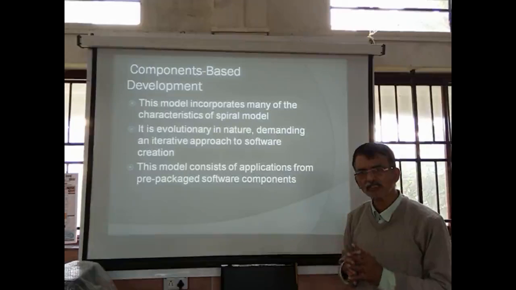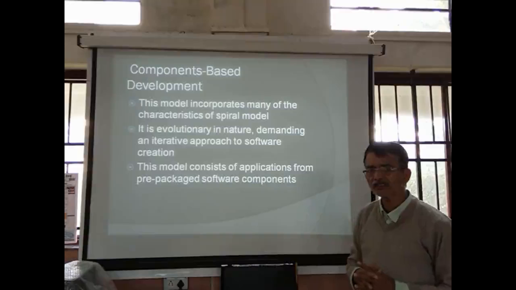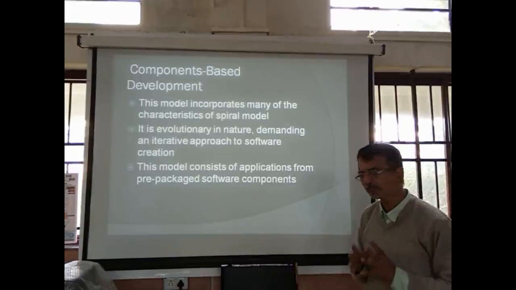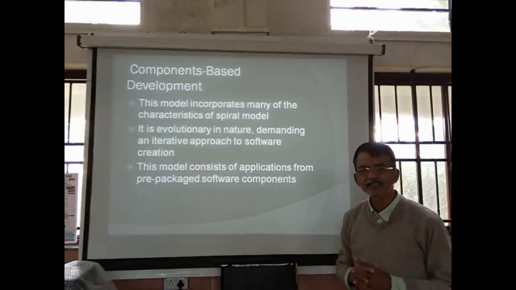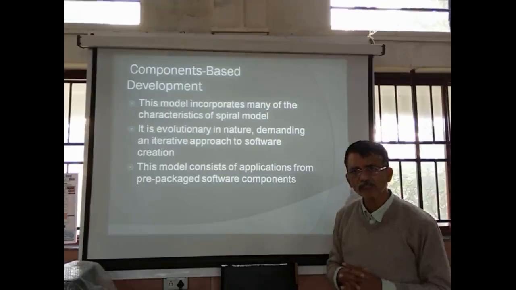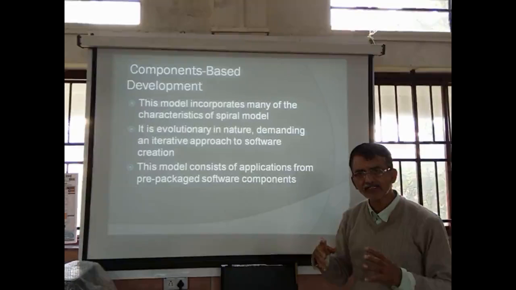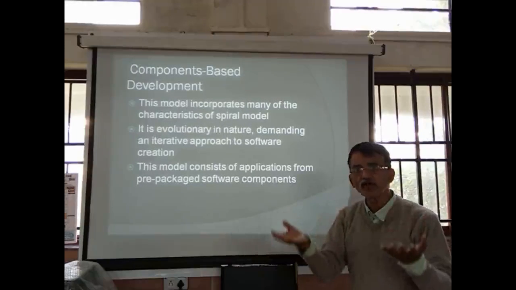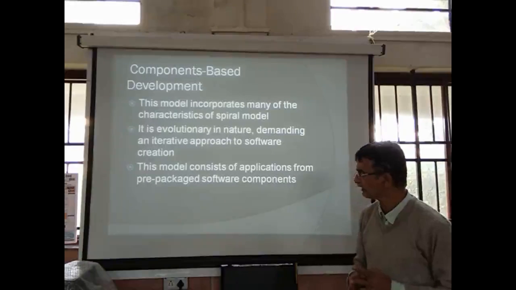The spiral model concept is adopted in this component based development model. It is evolutionary in nature, demanding an iterative approach of software development. As one cycle ends, you find that the model evolves or improves. That is the iterative nature of the software.